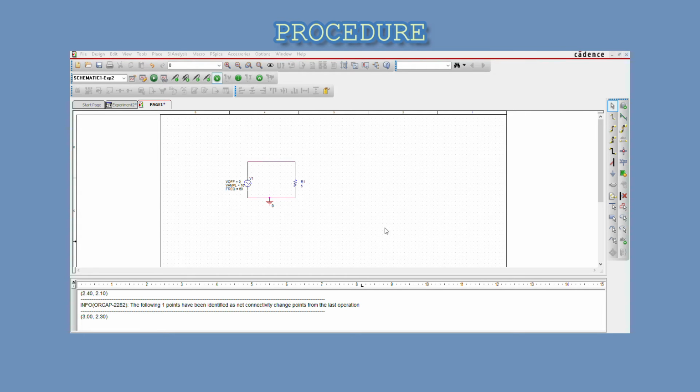Now, we would add a probe on the resistor. A probe for the current and the voltage. Now let us run the simulation.